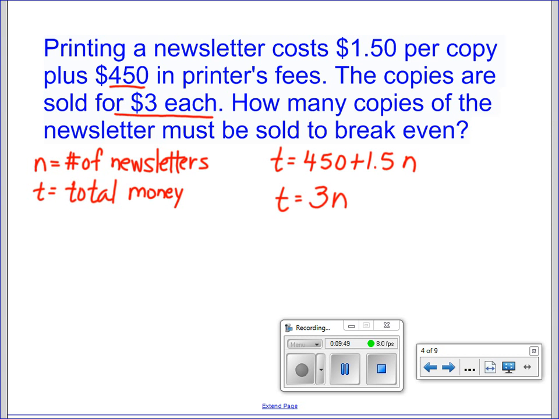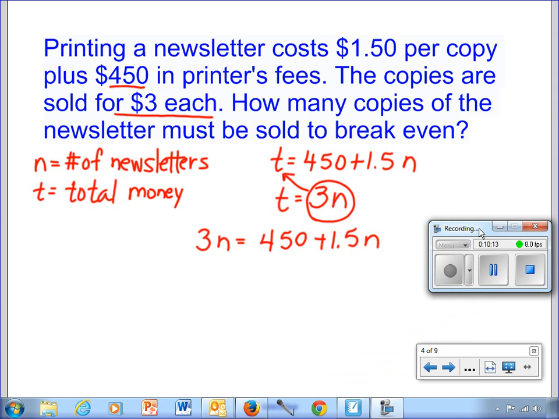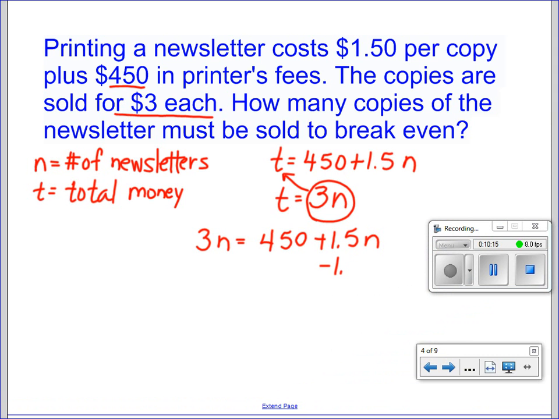So once again, we're going to take our 3n, since it's equal to T, and substitute it in for the T in the first equation. So that would give us 3n equals 450 plus 1.5n. Again, getting our variable on the same side, we're going to subtract 1.5n, 1 5/10 n, from each side.